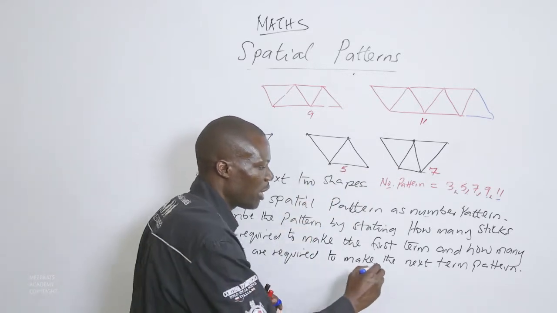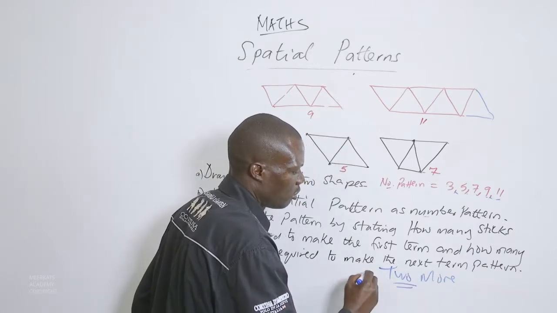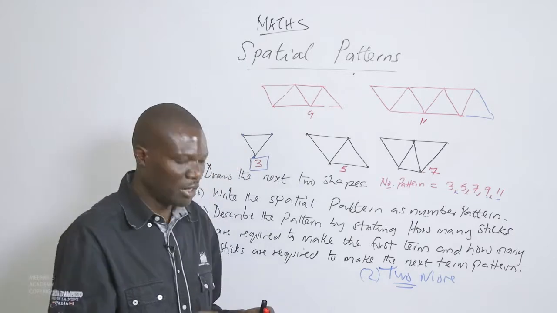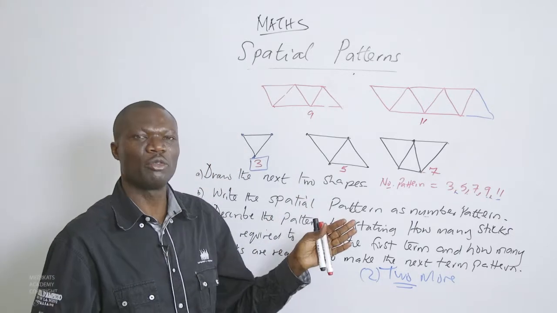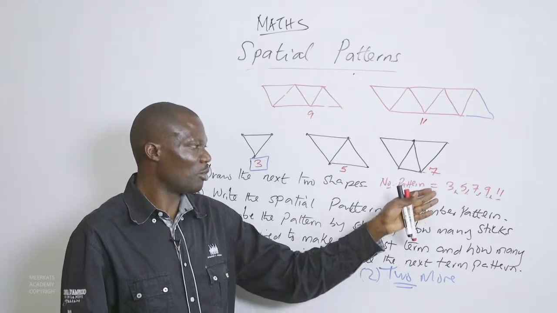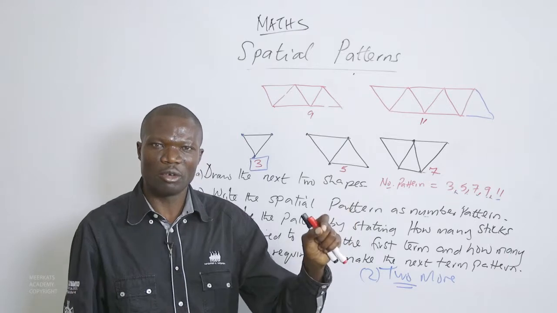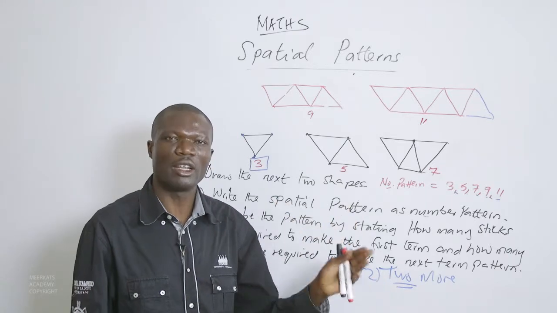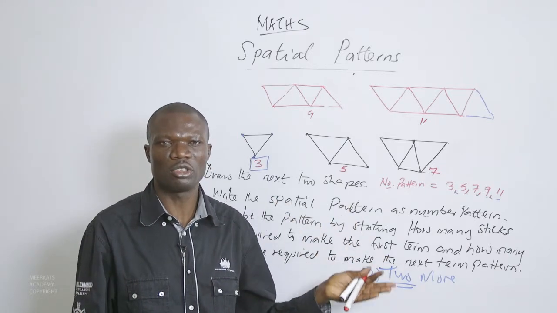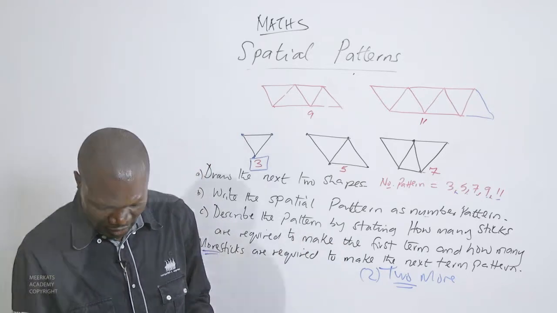So we require 2 more sticks. Whether you're using a spatial pattern, you'll get it is 2 more sticks. If you are using the number pattern, you'll find what we call the common difference is 2, and that 2 is what is going to give us the more sticks we require to come up with the next pattern.